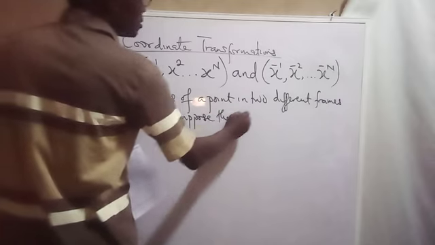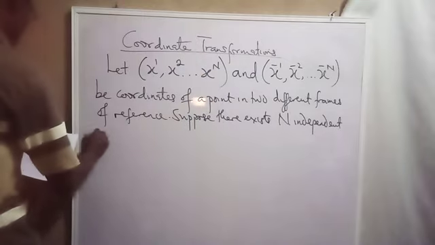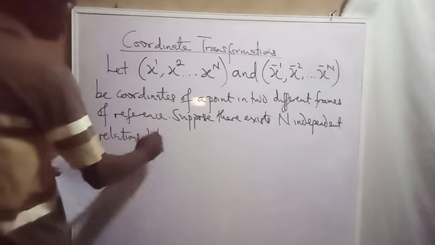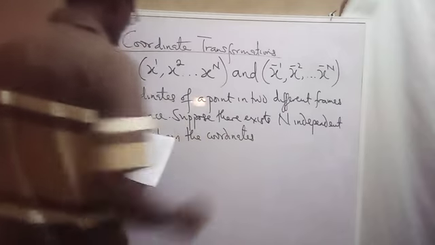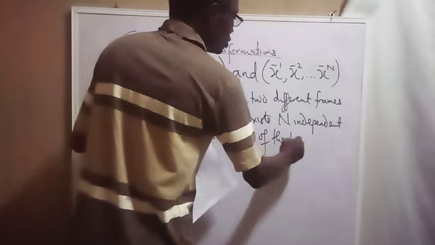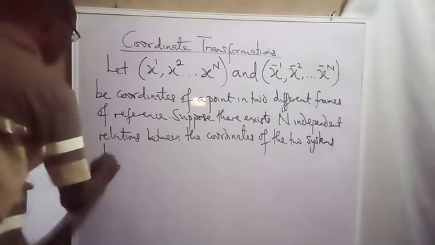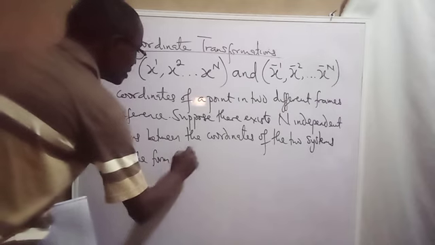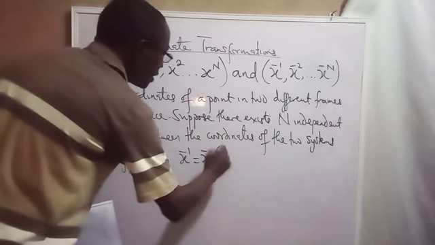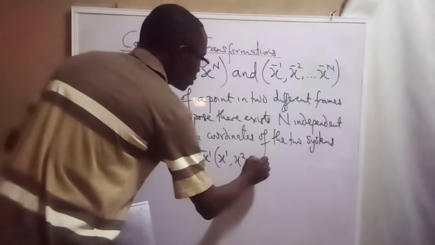Now suppose there exist n independent relations between the coordinates of the two systems, that is, the two frames of reference, having the form: the first one could be written as, let's say, x bar 1, which is a function of x1, x2 to xn.